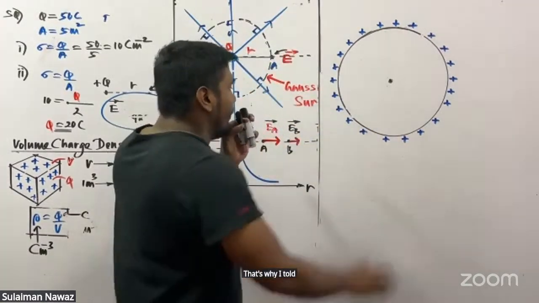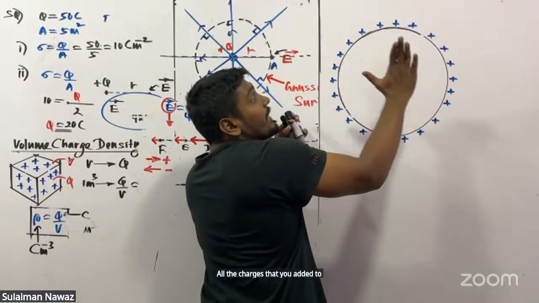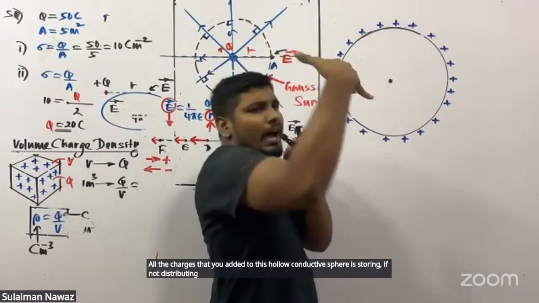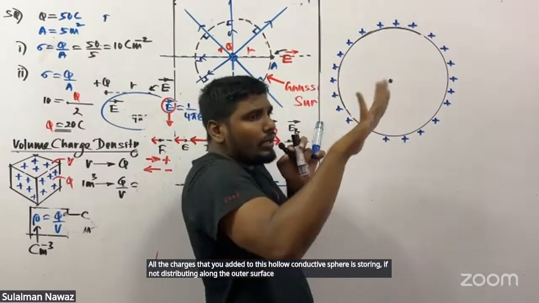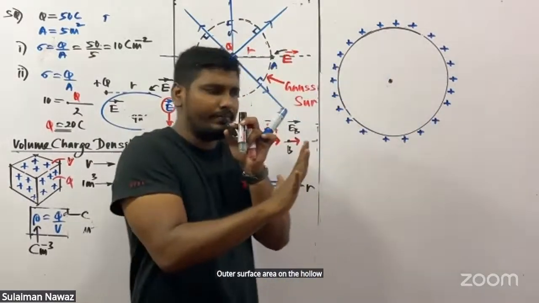Now, in this case, all the charges that you added to this hollow conductive sphere are distributed along the outer surface area of the hollow conductive sphere.